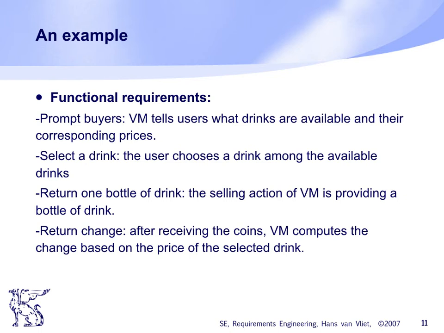So let's go step by step. At first, the vending machine has to show what drinks are available right now and what the corresponding prices are. So the first functional requirement is prompt buyers. We have to tell the user what drinks are available and their prices.